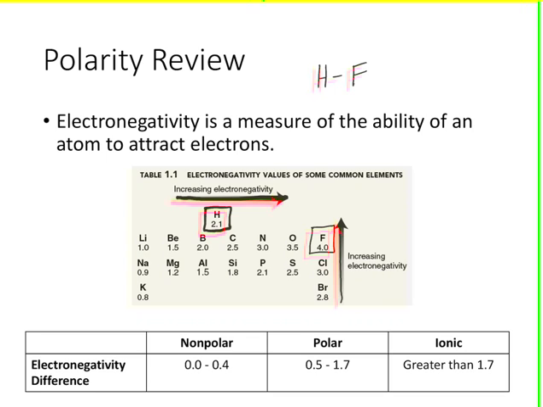So for HF, for instance, hydrofluoric acid, we know that hydrogen has a value of 2.1 from the table below, and fluorine has a value of 4.0. So if we take the difference, we get a value of 1.9.